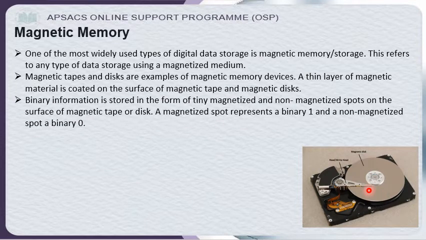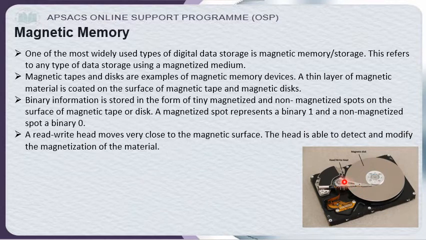So when data is stored, how is this data stored? Maybe a question comes to your mind. Binary information is stored in the form of tiny magnetized and non-magnetized spots on the surface of the magnetic disk or magnetic tape. These spots which are available on a magnetic memory are represented by a 1, and a non-magnetized spot is represented by a 0.